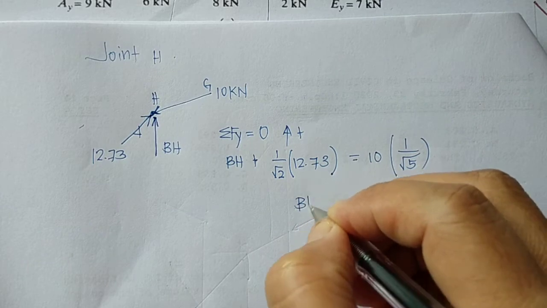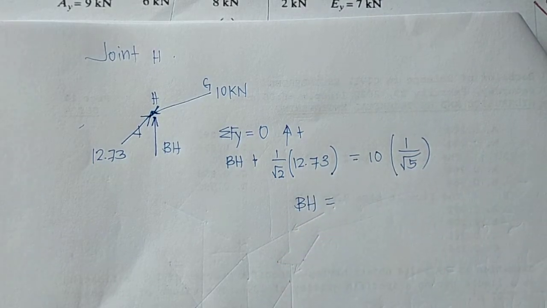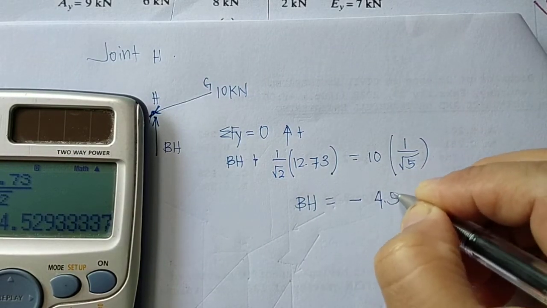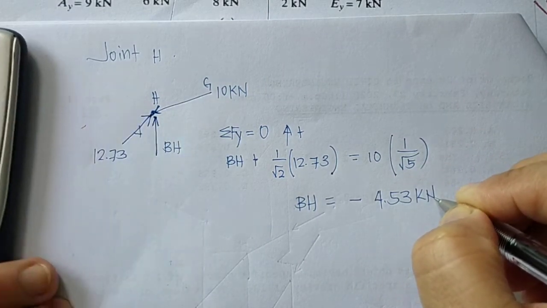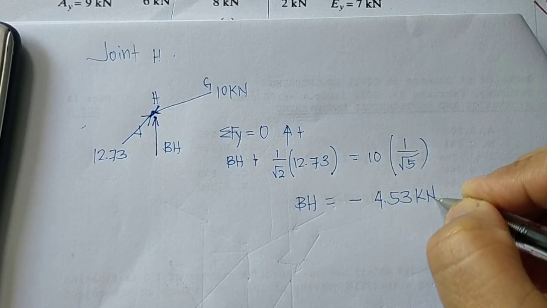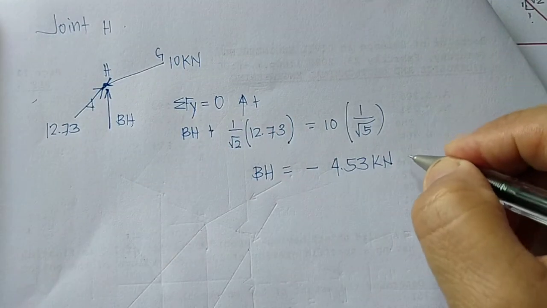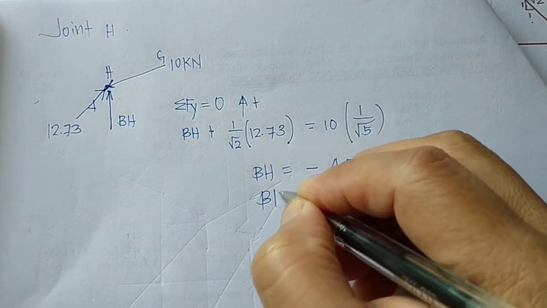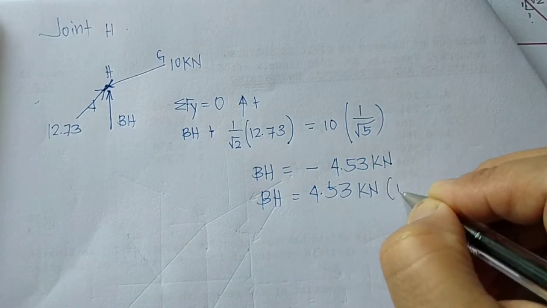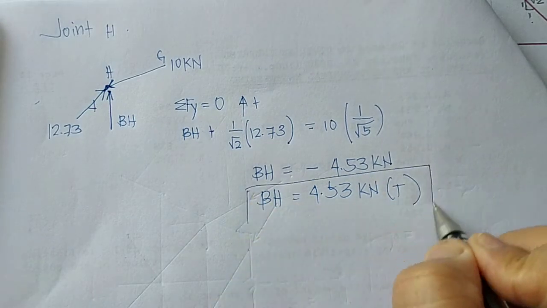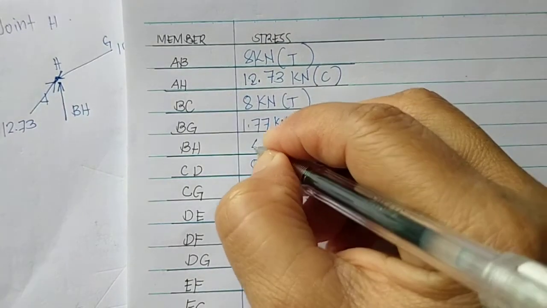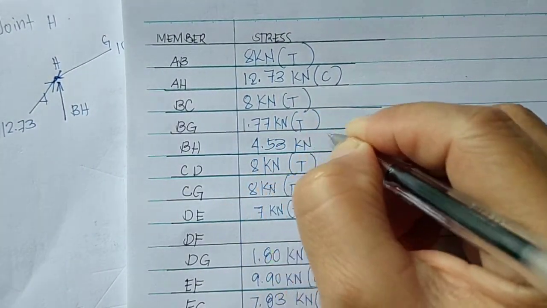So member BH is equals, so this is negative 4.53 kilonewton. So therefore, this is tension. BH is equals 4.53 kilonewton tension.